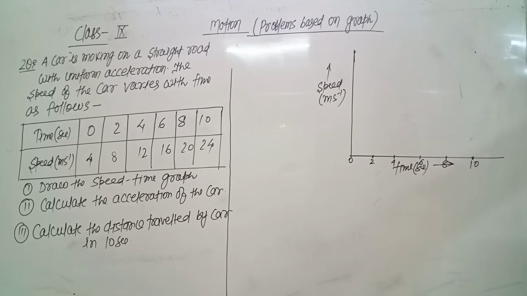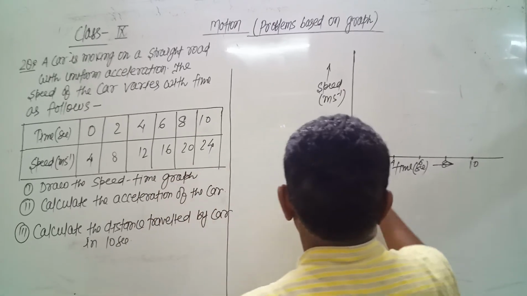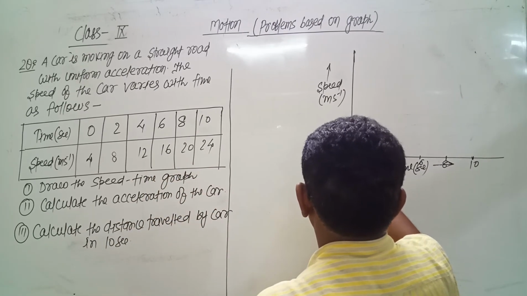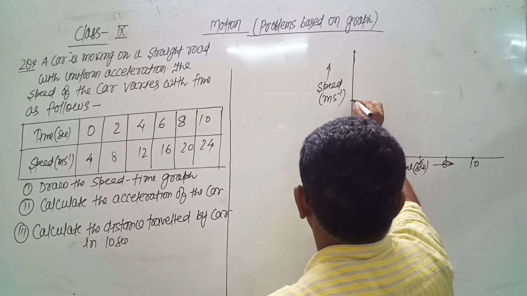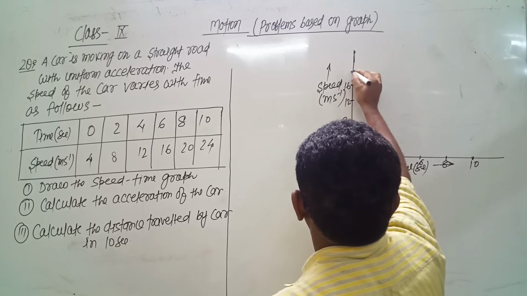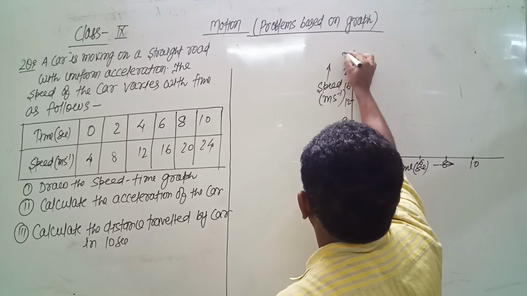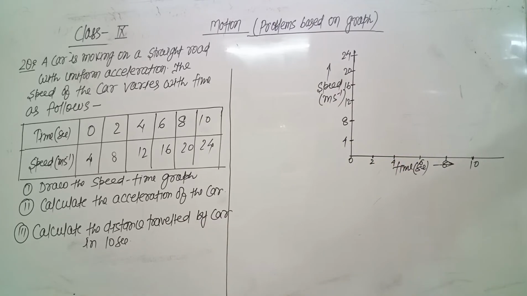And the speed is from 4 to 24. 4 meter per second, 8, 12, 16, 20, and 24 meter per second.